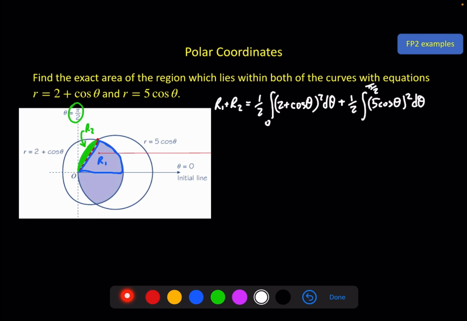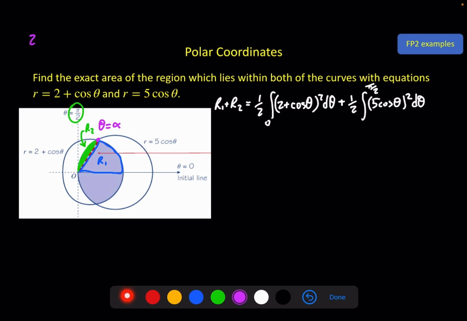No doubt you've noticed I have not yet figured out what this point is. So for this point here, I'm going to call theta is equal to alpha. Whatever that angle is will go here and here.